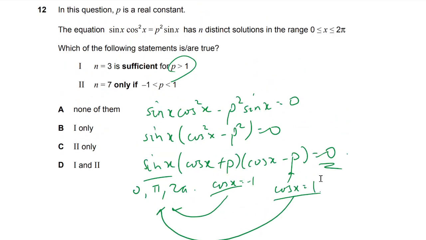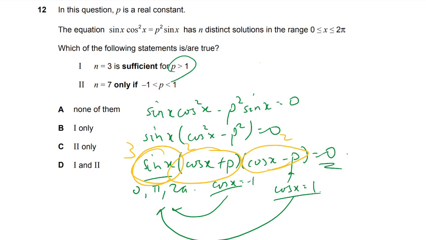Okay, cool. Now, how about statement 2 then? n equals 7 only if p is between -1 and 1. What do I do? If I need n equals 7, then we know that the sin x factor generates 3 solutions already. So we want each of the 2 brackets to generate 2 solutions each, right? To generate 2 solutions each, you've got to make sure that p is within the range of the cos function.